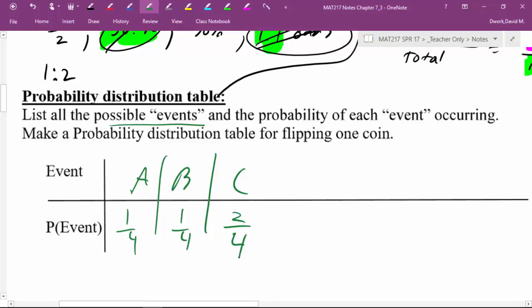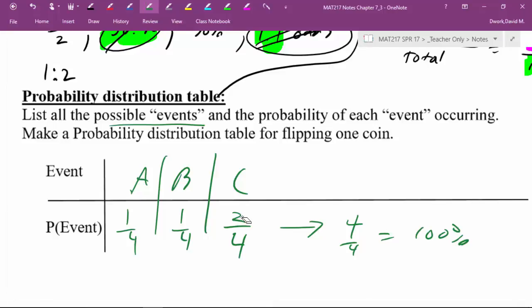Now, if I've listed every possible event, that means there's nothing else that could occur, right? It's either A, B, or C. There is no D, otherwise it would have to be listed in my table. And therefore, the probabilities have to add up to make 1, or 4 out of 4, or 100%, meaning either A will happen, B will happen, or C will happen 100% of the time.